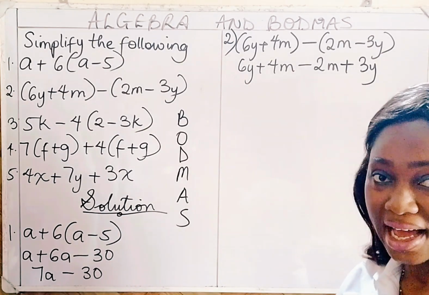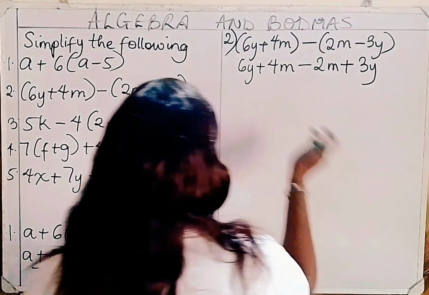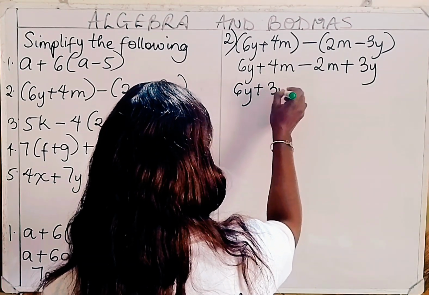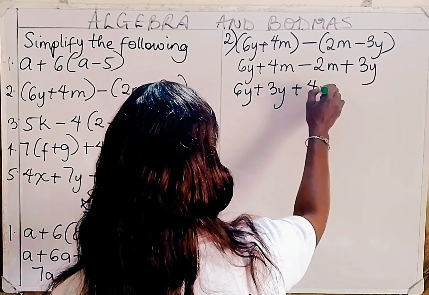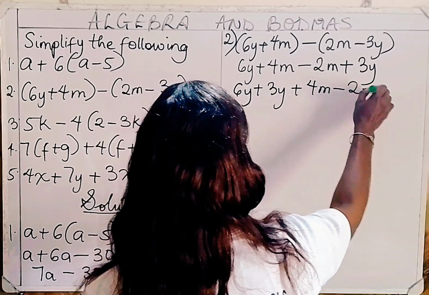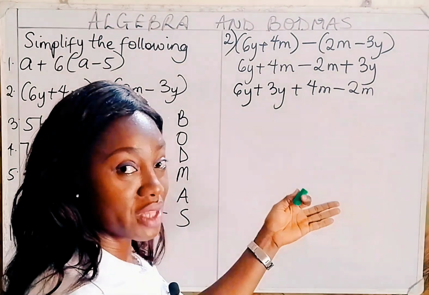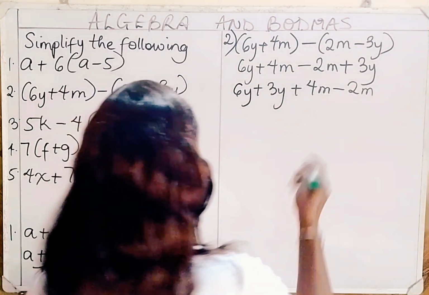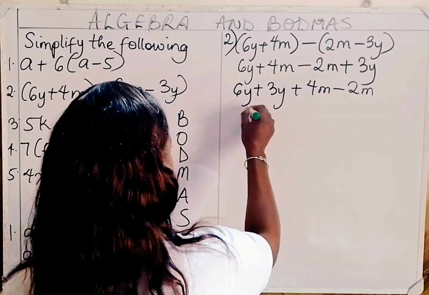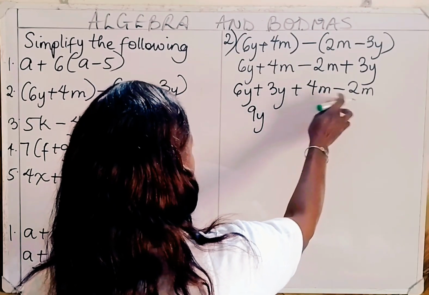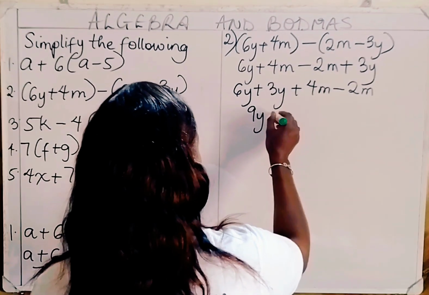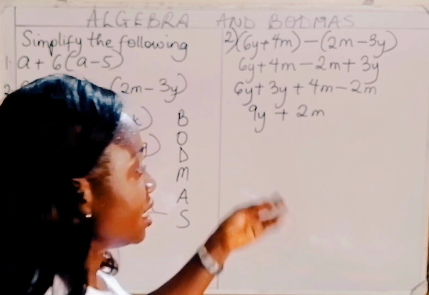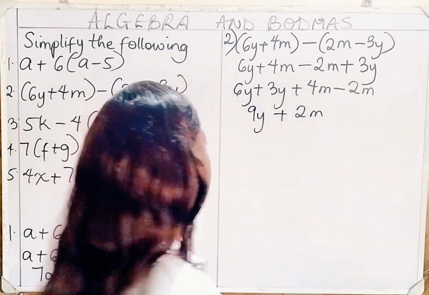We collect like terms. So we have 6y plus 3y plus 4m minus 2m. Having done this, what are we going to do next? We're going to add and subtract the numbers with like terms. 6y plus 3y equals 9y. Then plus 4m minus 2m equals what? Plus 2m. So we're going to subtract and take the sign of the bigger number.